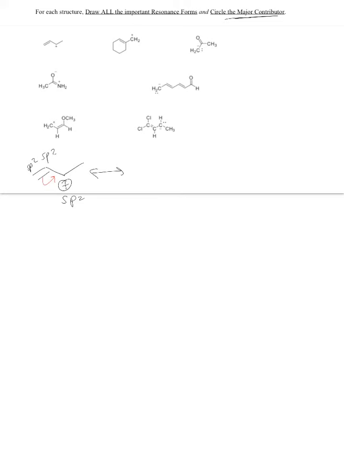Notice we have our double-headed arrow, and so now it went from there to there. And so this is a secondary allylic carbocation, and this is a primary allylic carbocation. Which one do you think is more stable? The major contributor. Yes, I would circle the secondary.